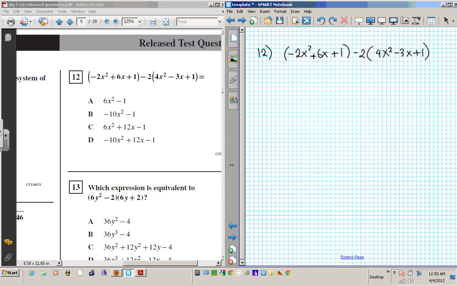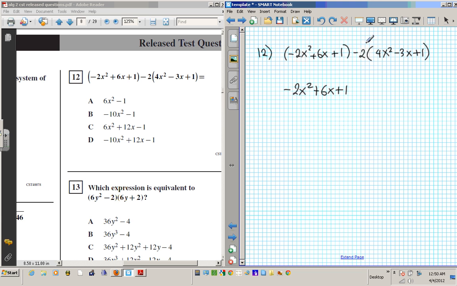So what I'm going to do is combine these two terms vertically so that I can organize my terms while adding them. So I'm going to rewrite the first one, negative 2x squared plus 6x plus 1.